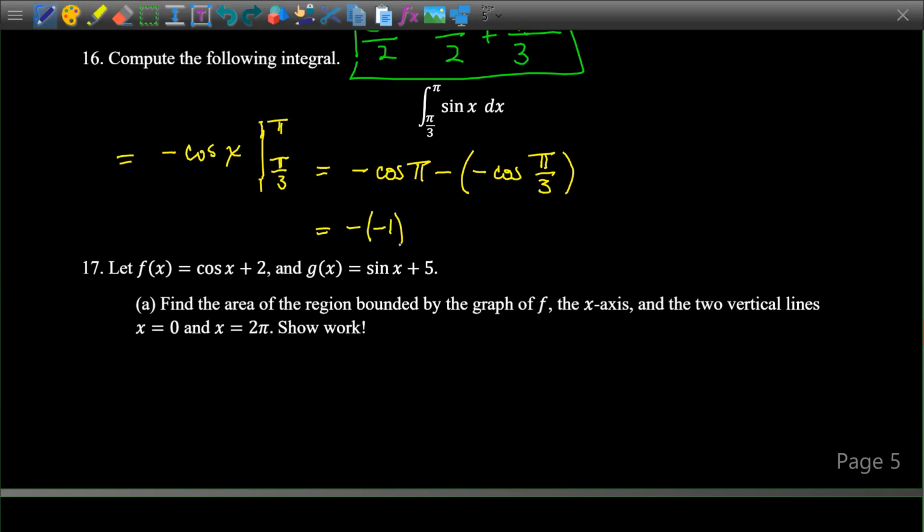And then the cosine of pi over 3 is a half. And then we have minus a half. So it's plus a half. So altogether we have 3/2.